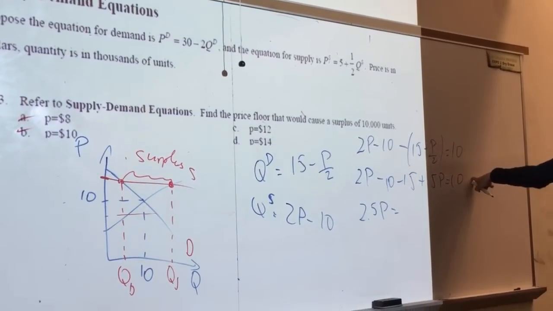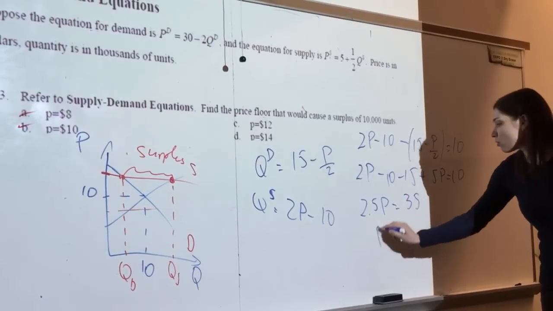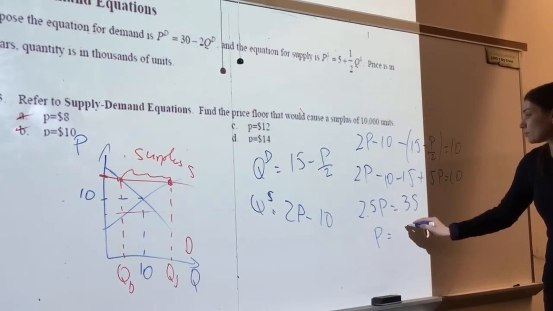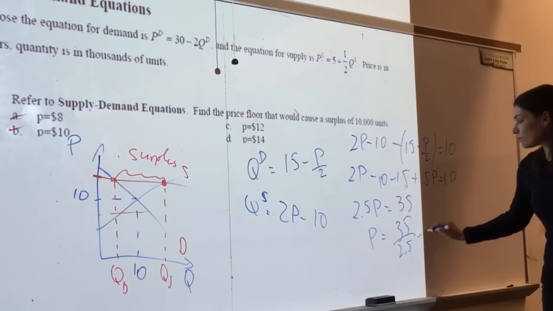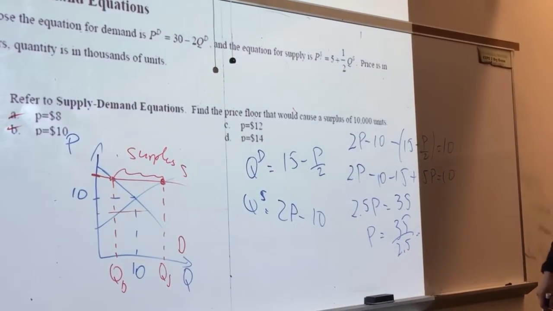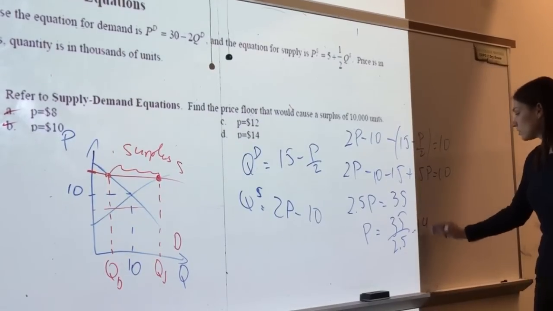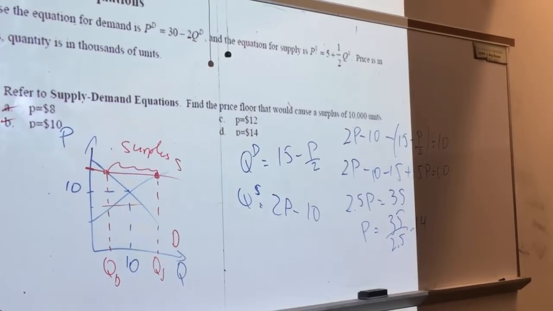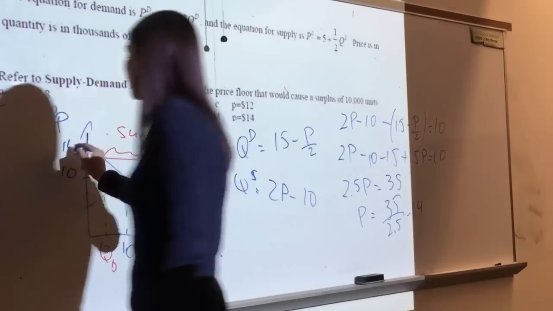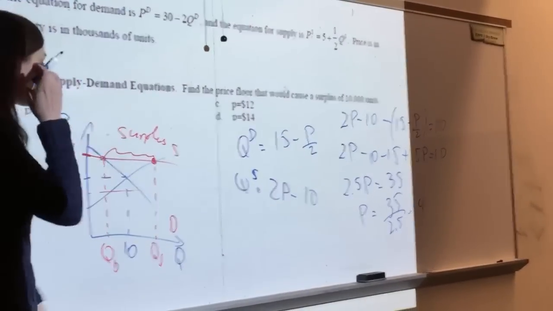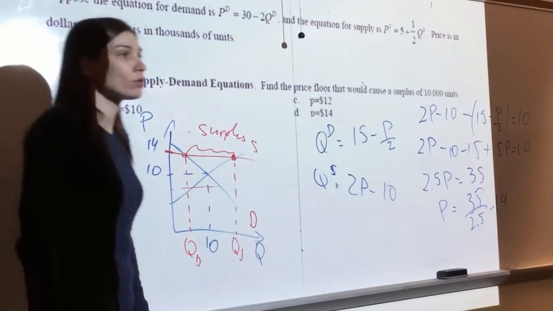You add it to the right hand side, it is 35, so P is 35 divided by 2.5, 14, I want to say. 14. Alright, so now I know that at the floor of 14, which is a binding floor, quantity supplied is going to be exactly 10,000 units more than quantity demanded.